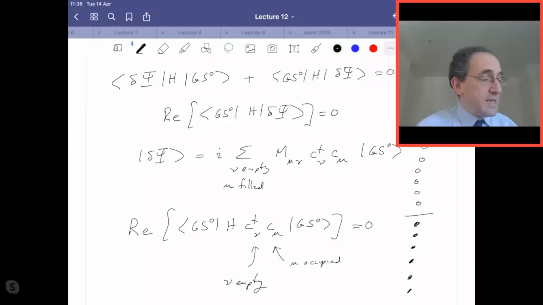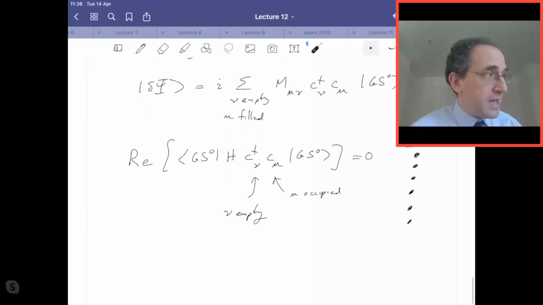And the statement is that if I take any particle out of the filled state and mix in any of the orbitals of the empty states up here and apply the Hamiltonian to it, it should have zero overlap on the original ground state. And that's enough to guarantee me that the wave function that I wrote down here is of minimum energy. Okay. All right. So we're getting close to the completion of the proof.